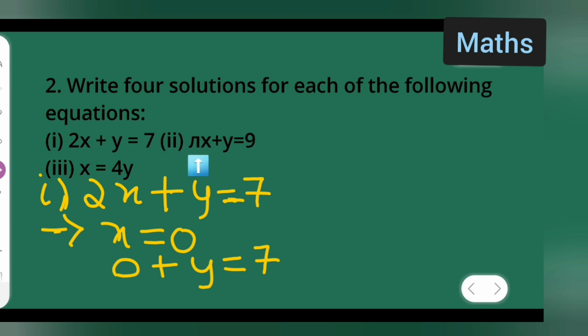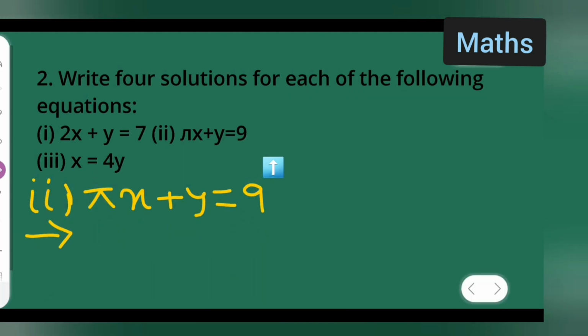Now let us do the second one. Pi x plus y is equal to 9. Same way we have to deal with that. So here I am solving the second one, pi x plus y is equal to 9. Now we need to write four solutions for each of the following, right? So take x to be 0.